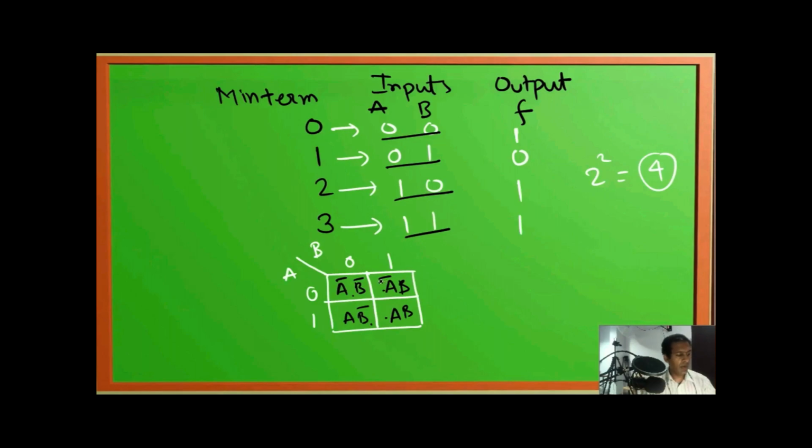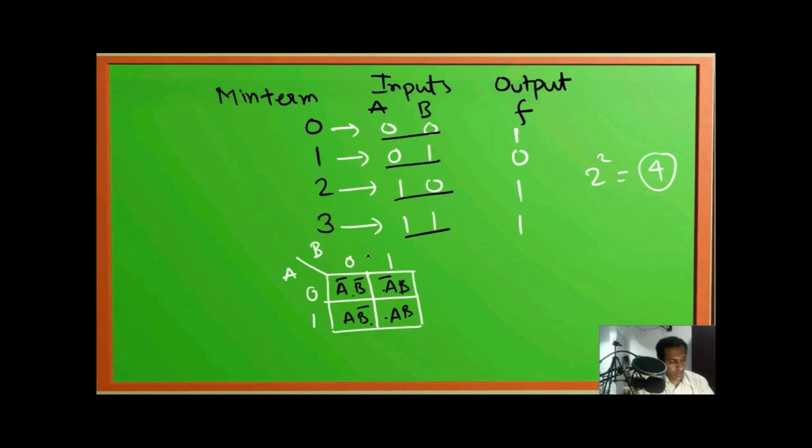Now, how to minimize the SOP function? To minimize it using a K-map, we look for adjacent squares having ones, that is, min terms adjacent to each other, and combine them to form larger squares to eliminate some variables. Two squares are said to be adjacent if their min terms differ in only one variable.